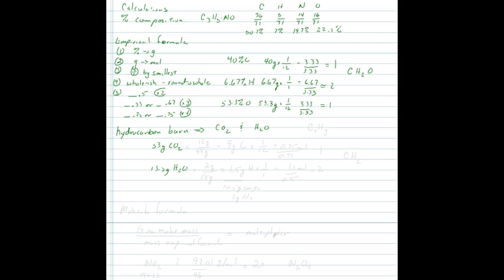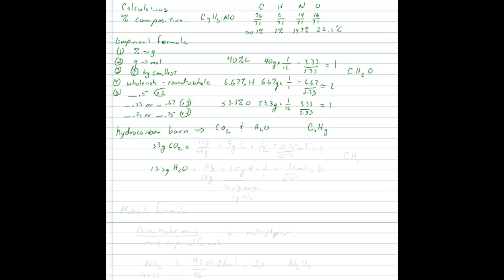Well, a hydrocarbon is made up of carbon and hydrogen only. If you burn this, you're going to react oxygen, that's what burning means, with the carbon, you're going to form carbon dioxide, and the hydrogen is going to react with oxygen to form the water.